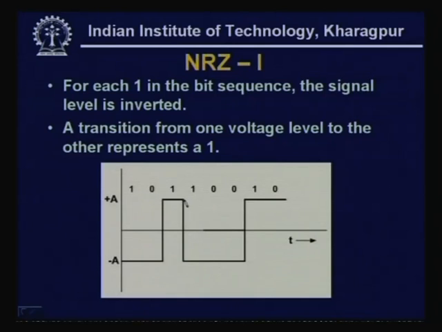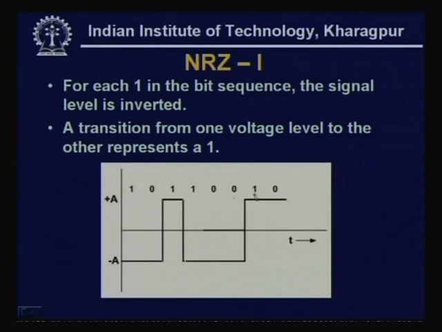So, in this boundary again it is making a transition from plus A to minus A. Here there are two zeros, so there is no transition. So, whenever a 1 is encountered, the signal is getting inverted from the previous signal level. Here it was inverted from minus A to plus A, here it was inverted from plus A to minus A because of the presence of this one. Again another one is encountered here, here it is inverted from minus A to plus A.